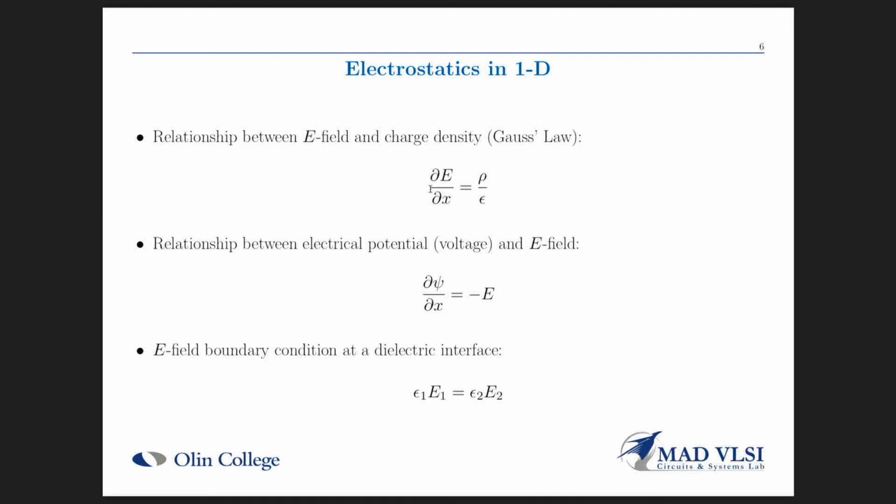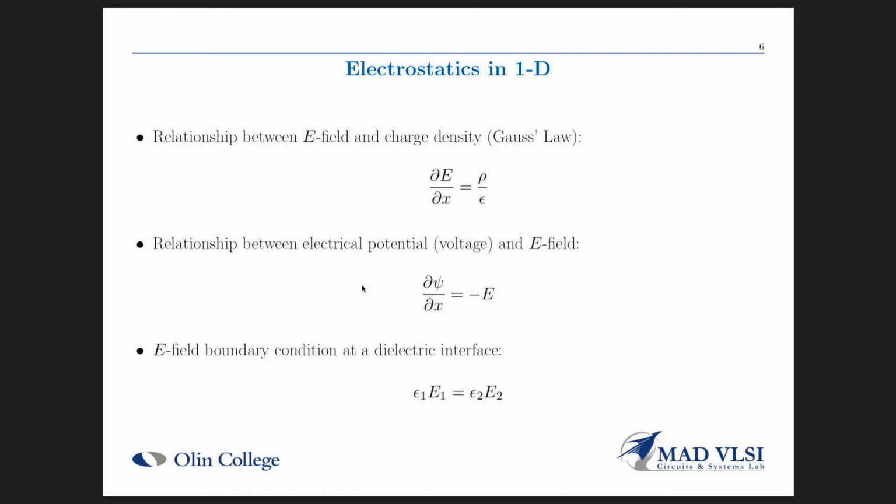In one dimension, it basically becomes just dE/dx, the spatial derivative of the electric field. And that's related to the unbalanced charge density divided by the permittivity of the material. So this is a relationship between charge density and electric field.